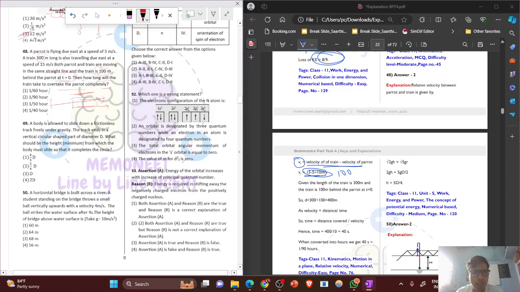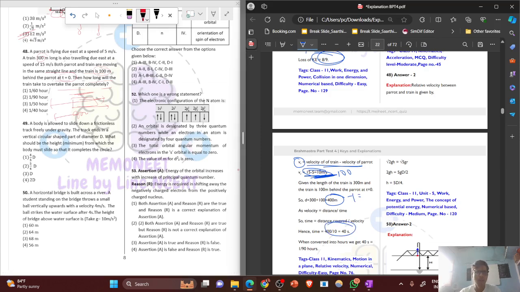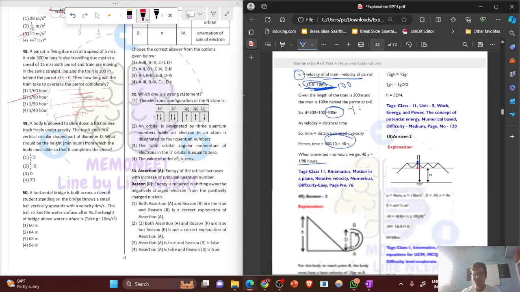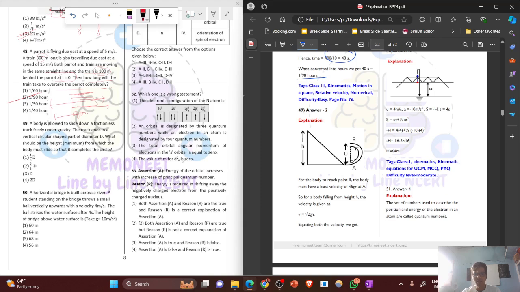The total distance will be this, which equals 400 meter. The velocity relative to the train is this. Now time equals distance by velocity, 400 by 10, which equals 40 seconds. So your answer will be 40 seconds converted into hours, 1 by 90 hour. It's a simple relative velocity based question. Relative velocity makes this question easy.